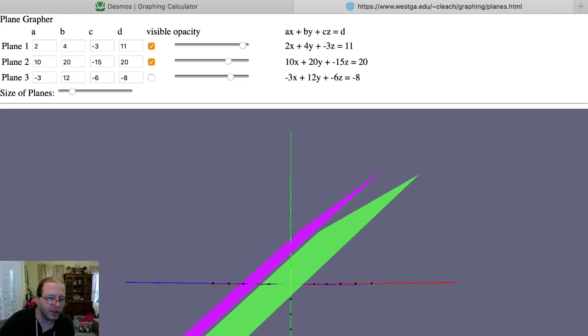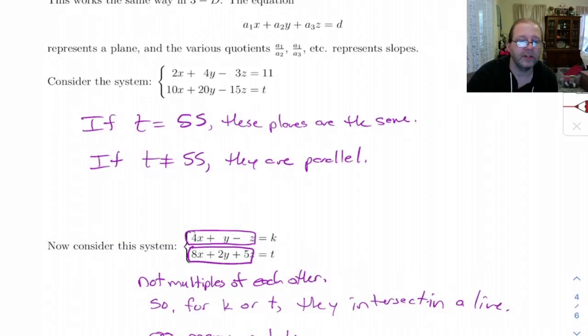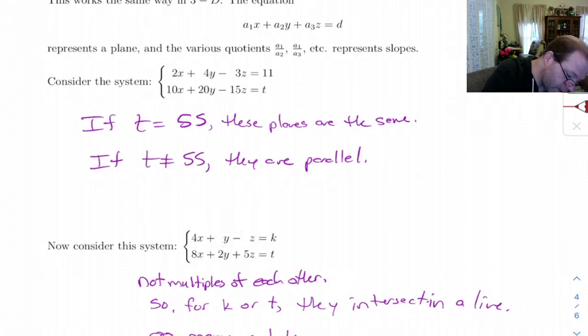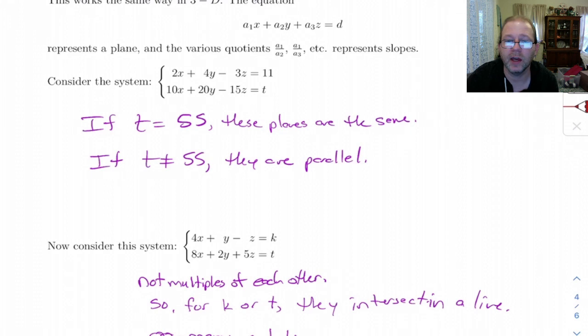All right, let's look at the other one. Let me erase this so I can see it. The other example is 4x plus y minus z equals k. So 4x plus 1y minus z equals k.